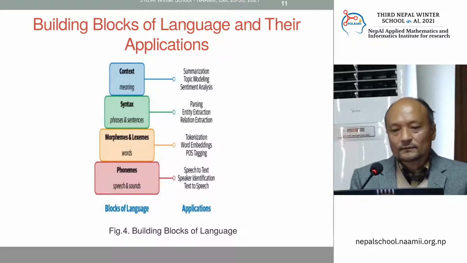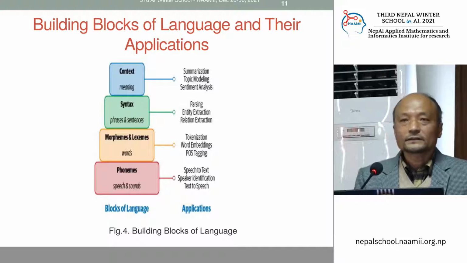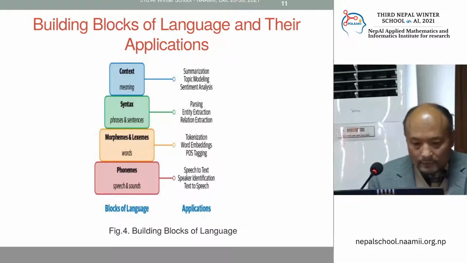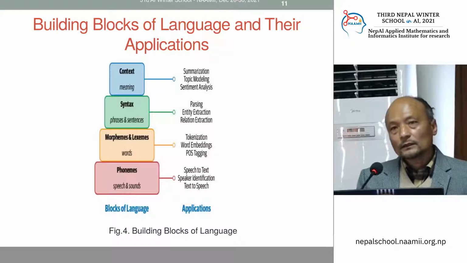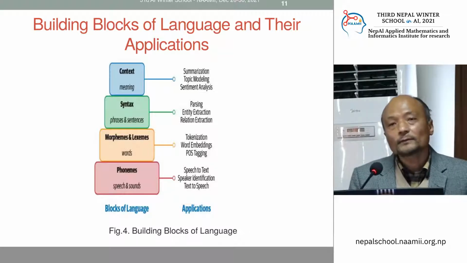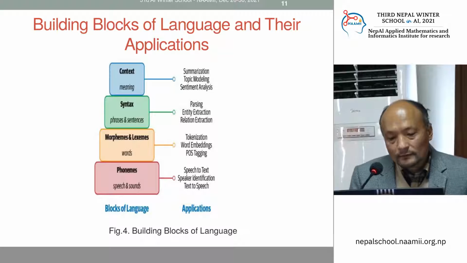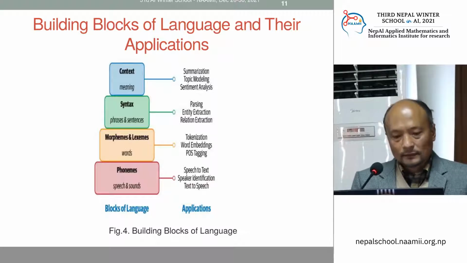This figure represents the building blocks of the language and their applications. So as you see at the bottommost level, we have the phonemes, which relate to speech and sounds, right? And a phoneme is the smallest unit of any particular sound, okay?